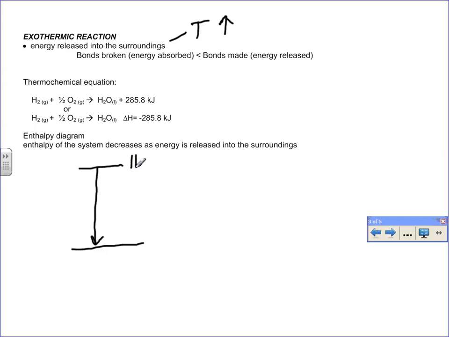So I'm starting with a certain amount of enthalpy, I end with a smaller amount of enthalpy, so the delta H here is negative. And I write the reactants up here and the products here.